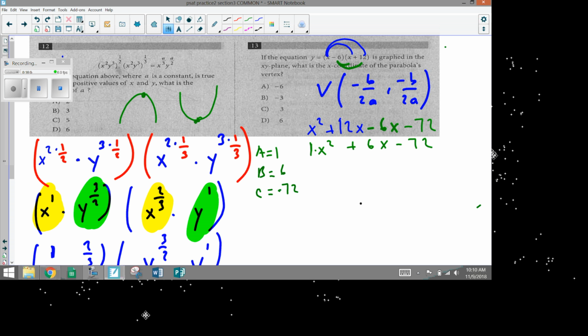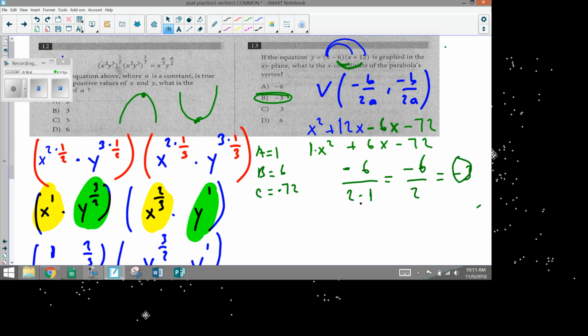So it's saying negative b, what is b? 6 over 2a. 2 times a. A is 1. So negative 6 over 2, that makes negative 3. If they ask you what is the y coordinate, you're going to plug this one back into the original expression.